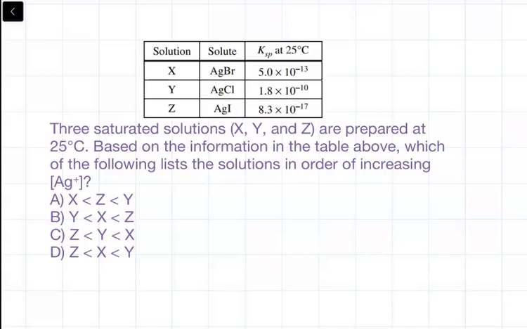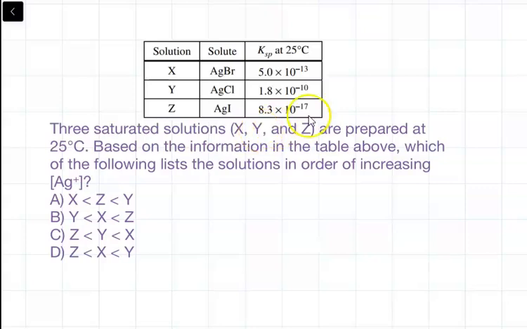If all of these are 2 total ions, and they are, silver bromide is 2, so silver chloride and silver iodide, all 2 ions, then they should all have the Ksp equals S squared relationship. That simply means that the one with the largest value for Ksp would also have the largest value for S.